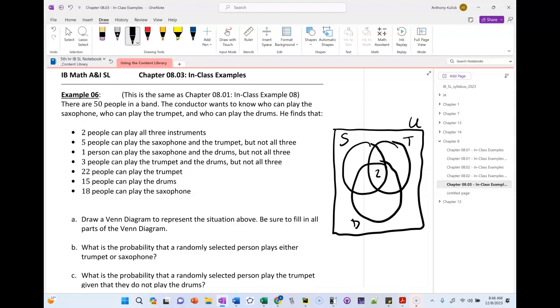For saxophone and trumpet, it's 5 because it says, but not all 3. 1 for saxophone and drums, and 3 for trumpet only is the spot that we're filling in.